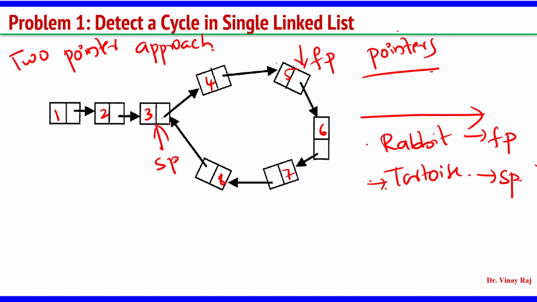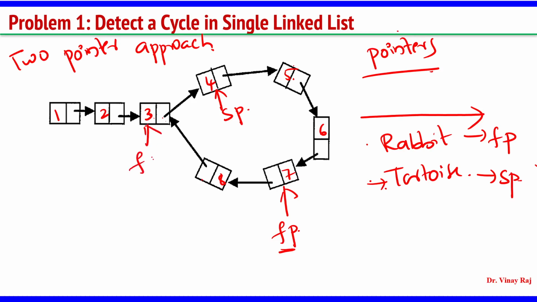This iteration is over. In the next iteration, the fast pointer will move from 5 to 7, and the slow pointer will move only one step ahead. Fast pointer moves 2 steps, slow pointer moves 1 step, so the slow pointer comes here. Next, from 7 the fast pointer will jump 2 steps, skipping 8, and come here.